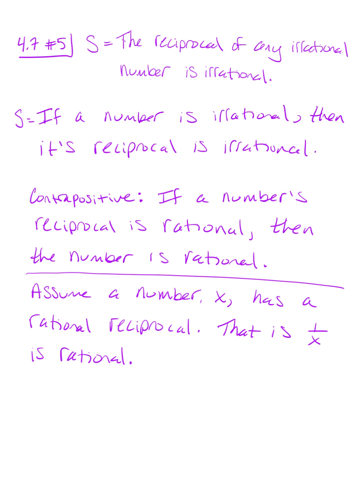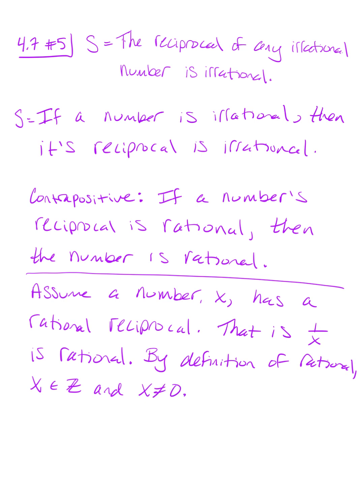The definition of rational is that the numerator and denominator are both integers, denominator non-zero. So by the definition of rational, x is an integer and x is not 0.